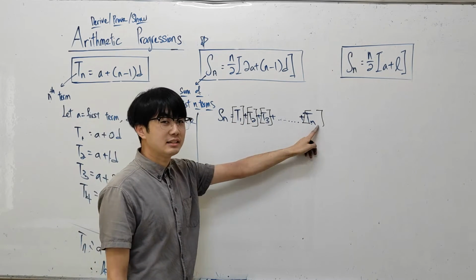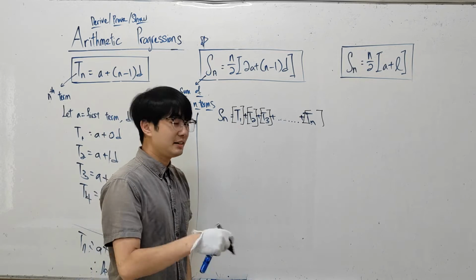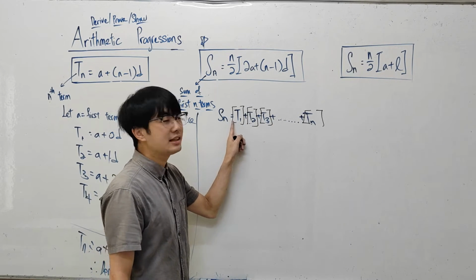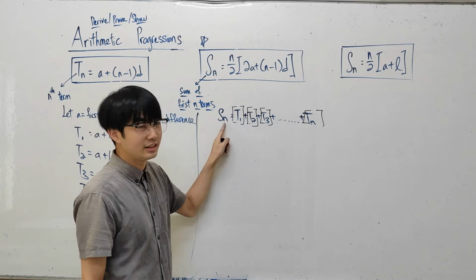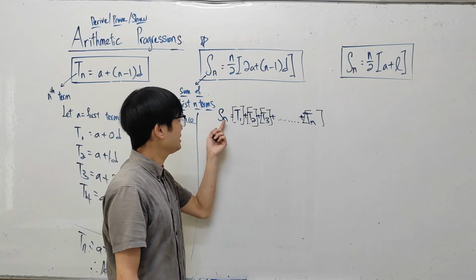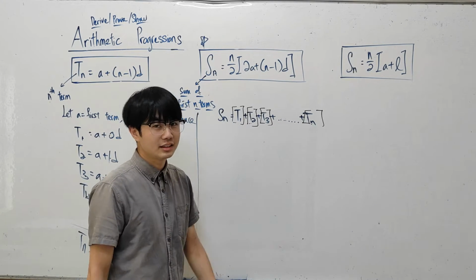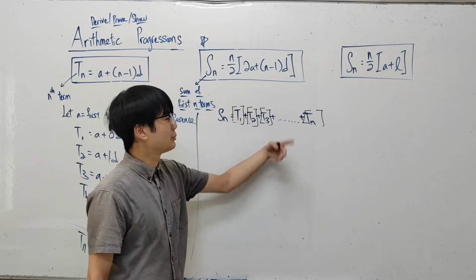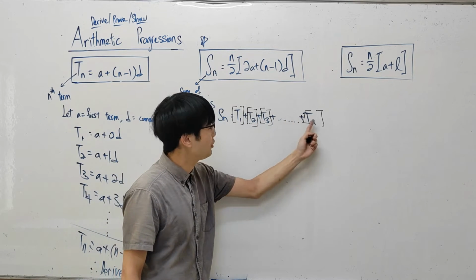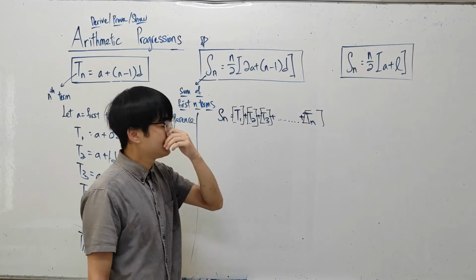It's not 4 brackets. It's n brackets, because the number of brackets depends on the value of n. If the n is 7, there will be 7 brackets. If the n is 6, there will be 6 brackets. If the n is 5, then there will be 5 brackets, because S5 means T1 plus T2 plus T3 plus T4 plus T5, so there will be 5 terms here.